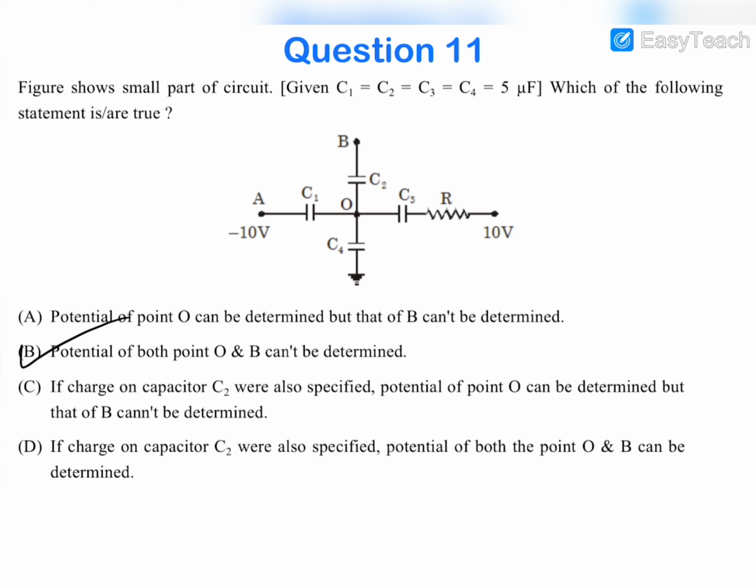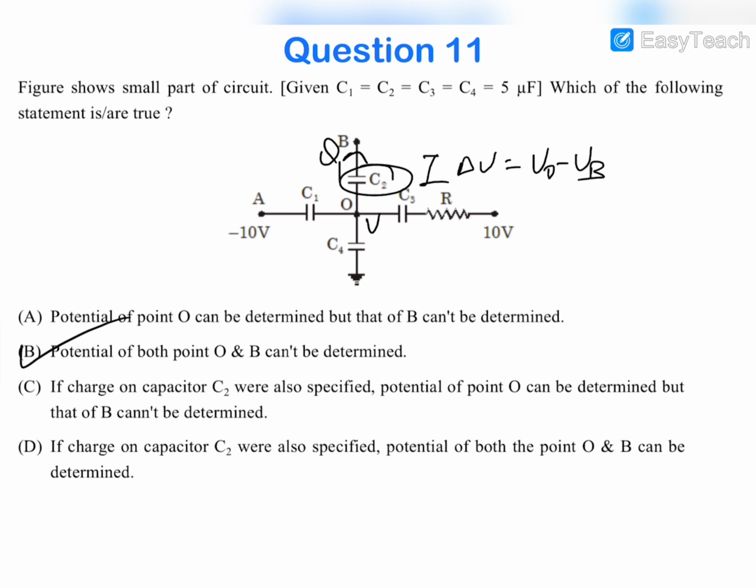If the charge on C2 is given, then this potential difference, delta V, is given, and delta V will be VO minus VB or VB minus VO. If this is given to us, then by using nodal analysis we can directly find the relation between O and B. Let's suppose this charge is Q1.